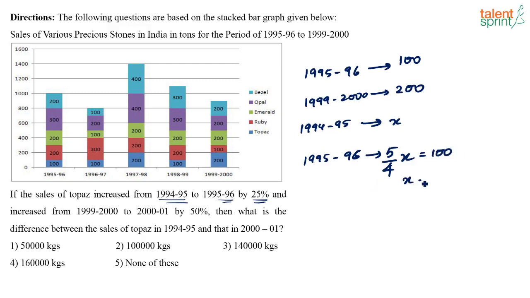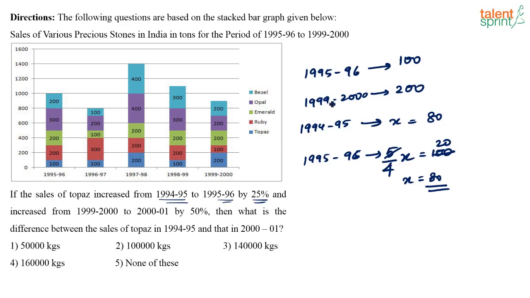So what is X? X is equal to 100 into 4 by 5, that is X is equal to 80. So what does this mean? In 1994-95 the sales of topaz was 80 tons. Now the sales of topaz in 95-96 has become 100. Okay. Now next, what are they saying?